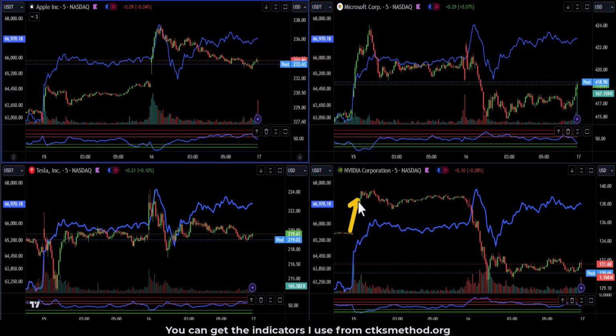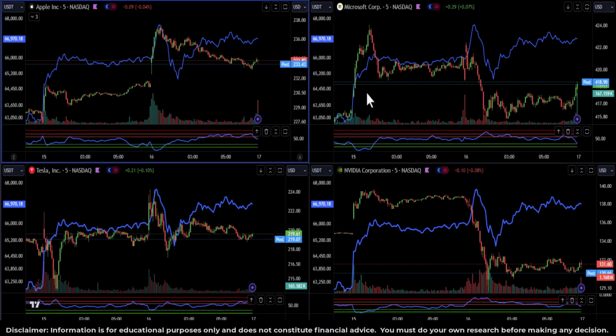What about Nvidia? That also spiked up. If you're looking at Bitcoin and also crypto, you can use it to predict movements inside the stock market and vice versa. What's pretty interesting here is Microsoft was bought into the close, Apple was sold into the close, Tesla was kind of neutral, and Nvidia was sold into the close.